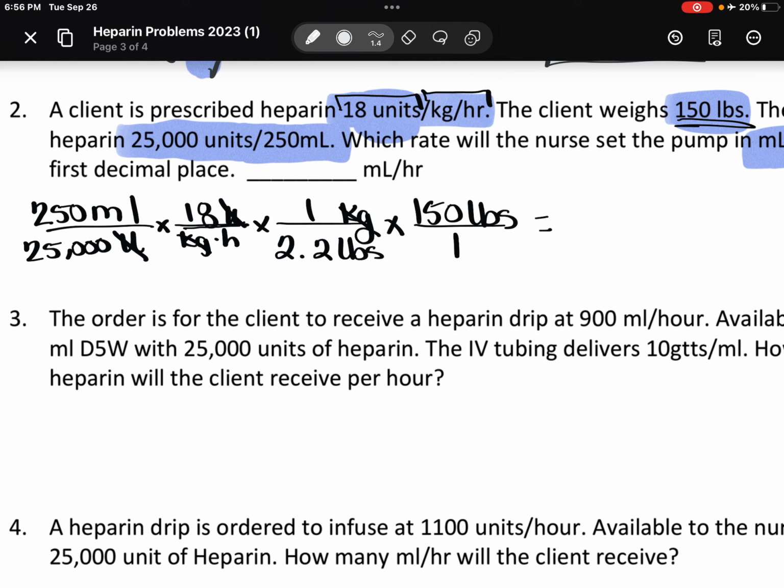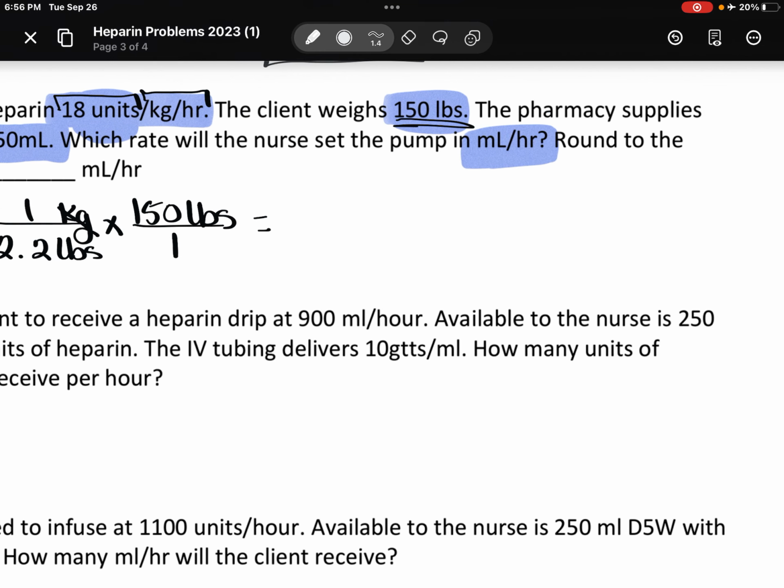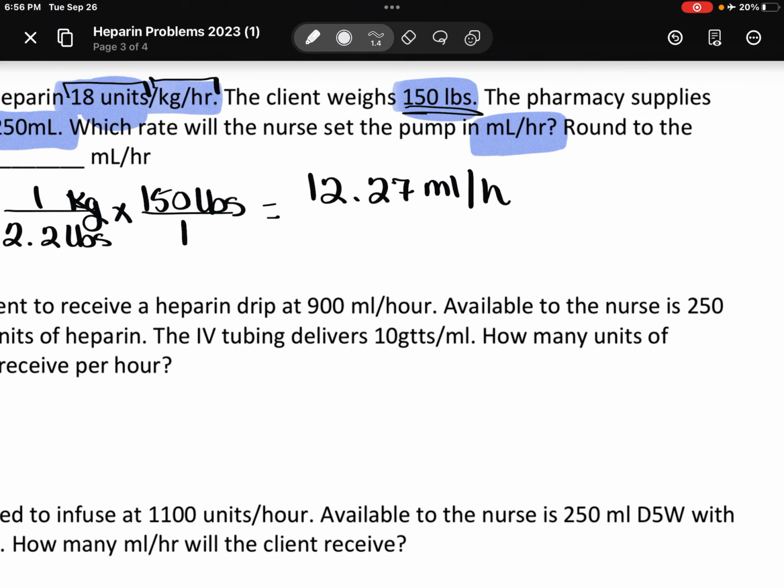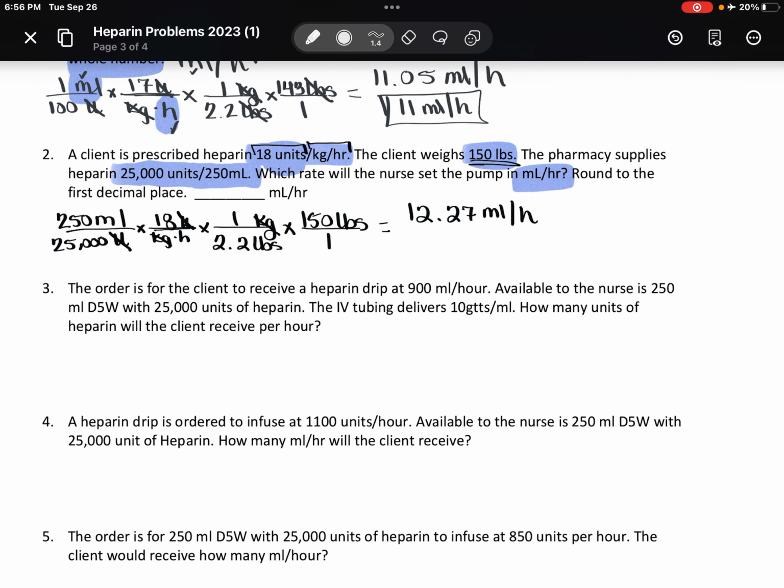So I'm going to do 250 times 18, times 150, and then you're going to do the bottom, 25,000, and then 2.2. So that gives me 12.27 milliliters per hour, but I'm still not finished, because now I still have to round to the first decimal place.